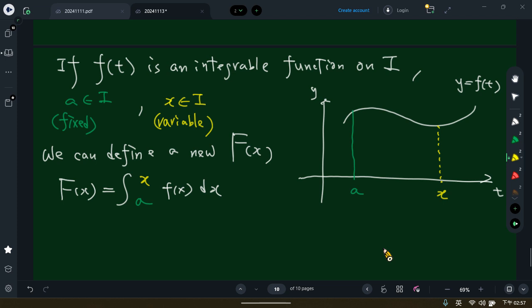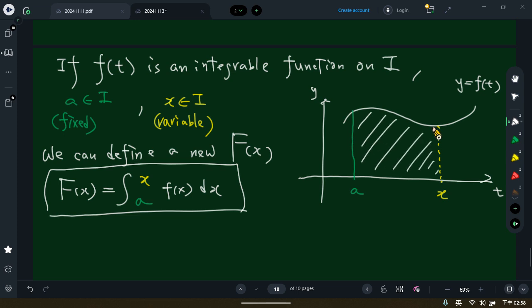If the function is positive, it will be much easier to explain. If the function is positive, you can regard the result, if I define it as this, F of x will be the area.